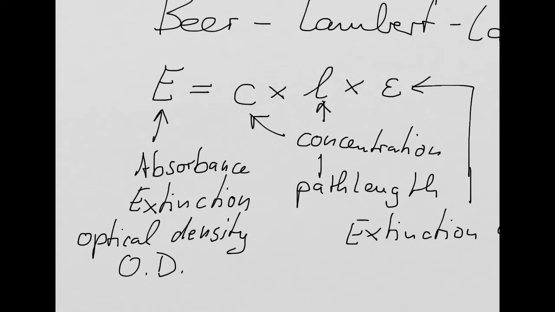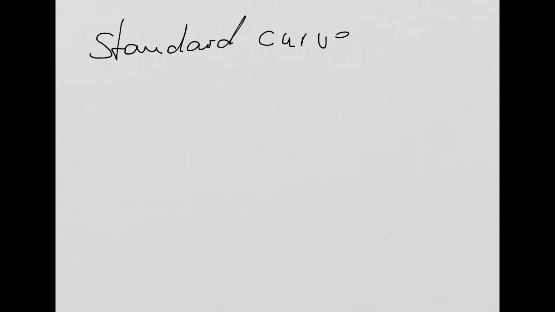What you can do in such a case, if you want to determine an unknown concentration, is make what is called a standard curve. We spell that with an E at the end.